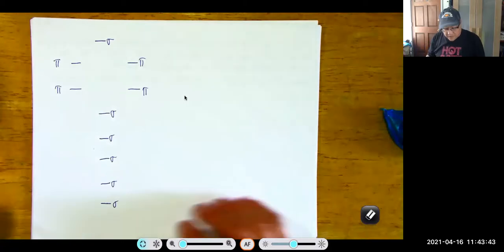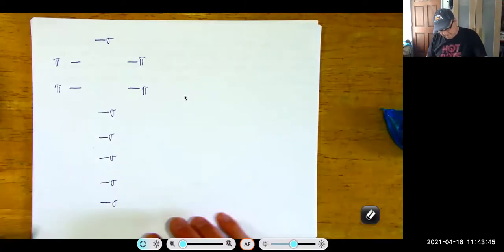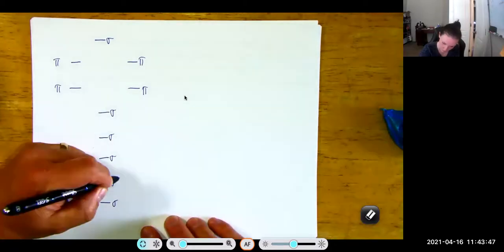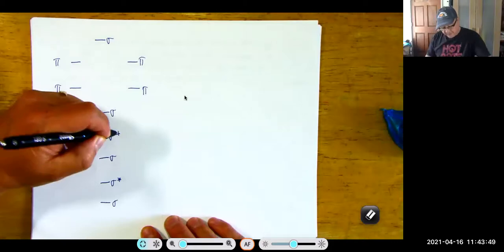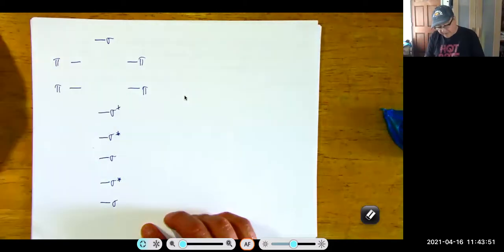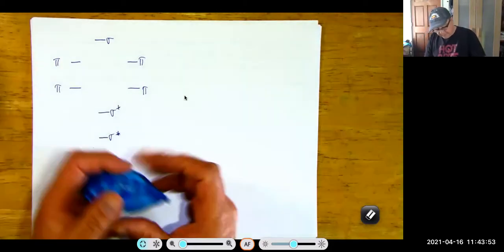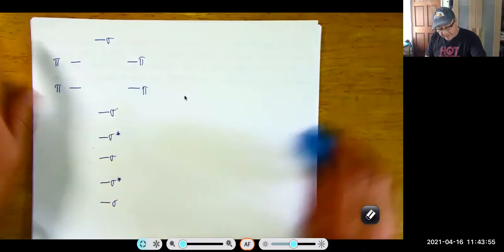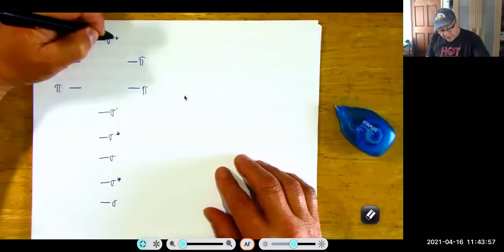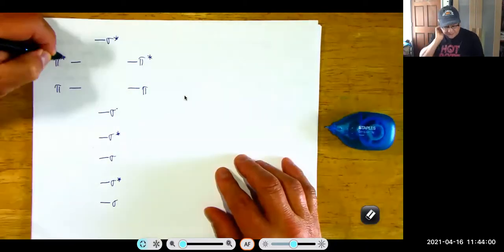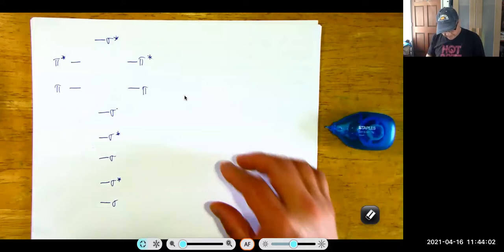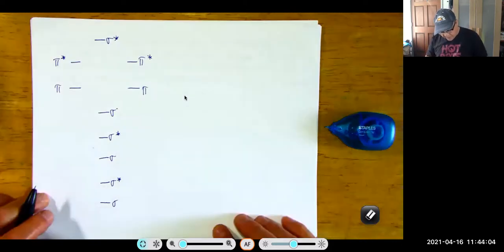The one above it is what? Anti-bonding. So I'm going to fill in the anti-bondings. Oops, made a mistake. And the same for the pi's. The lower one is the bonding. The upper one is the anti-bonding. Okay, and then what do I put in for letters?